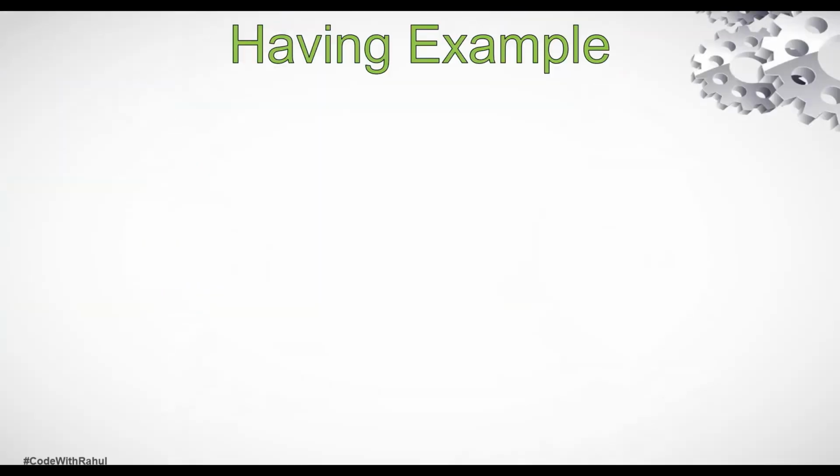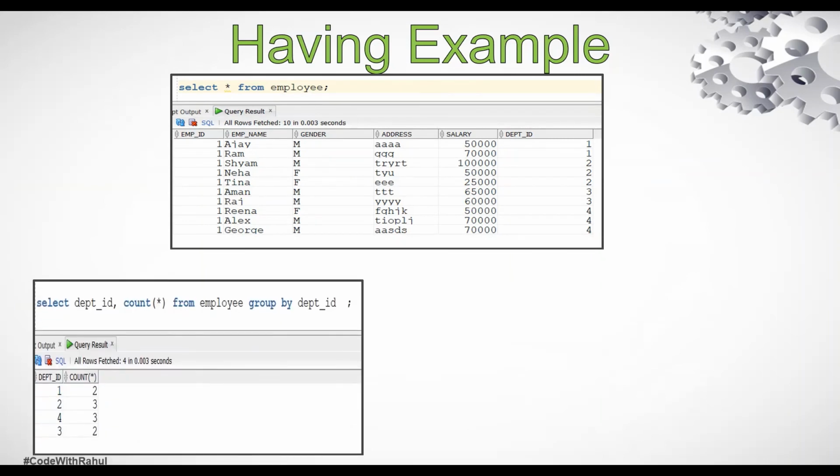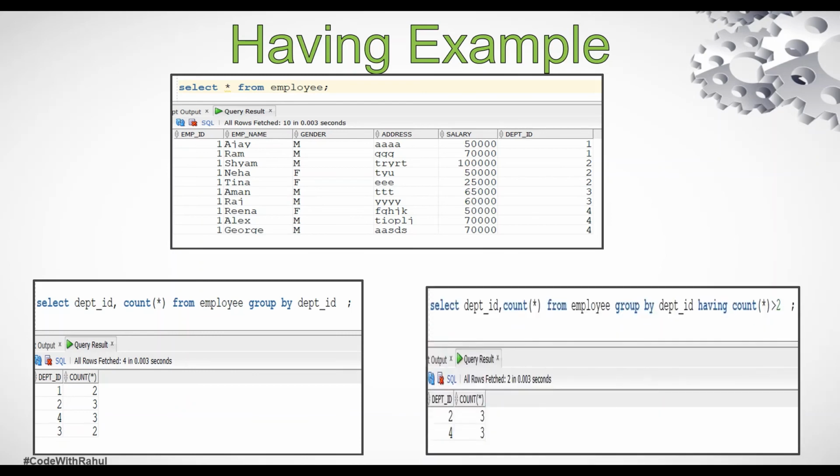So just look at the example, same table. So far we have seen we are doing a group by on the dept ID column and calculating the count. Let's suppose we have a business requirement that we just want rows which is having a count greater than 2. So in that scenario, we have to use having.